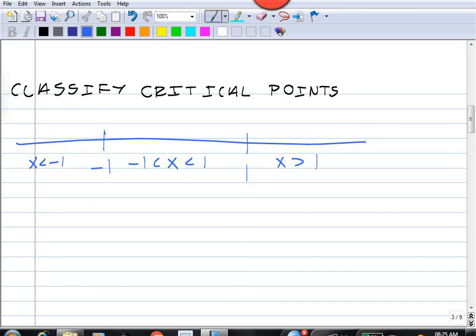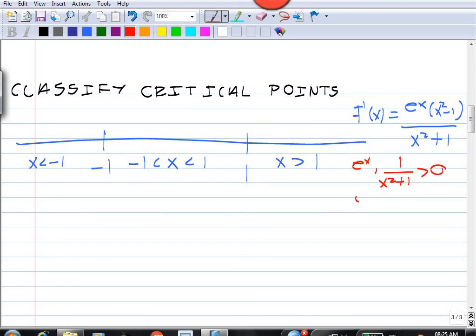So again, if we just recall what the fundamental theorem of calculus tells us about the derivative, it's that. Now the fundamental theorem of calculus gives us this as the derivative, and as we've noted before, both e to the x squared and 1 over x squared plus 1 are positive for all real numbers x.